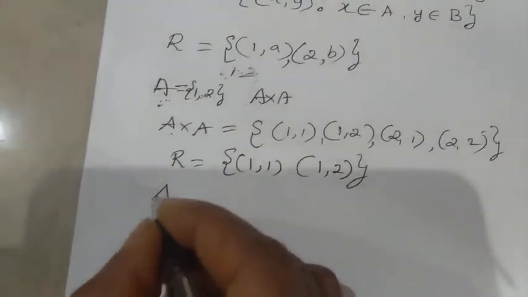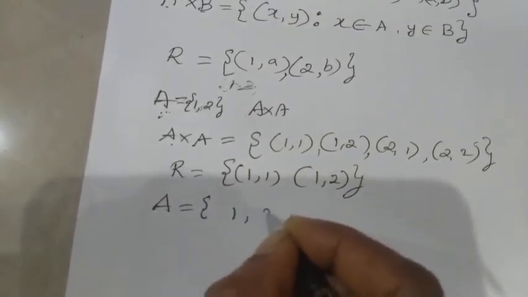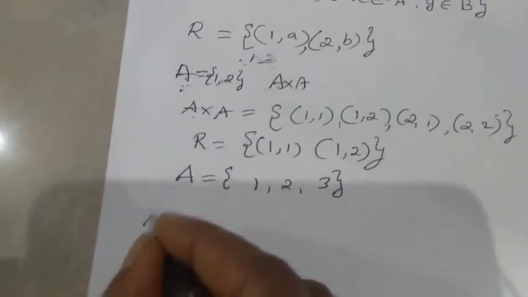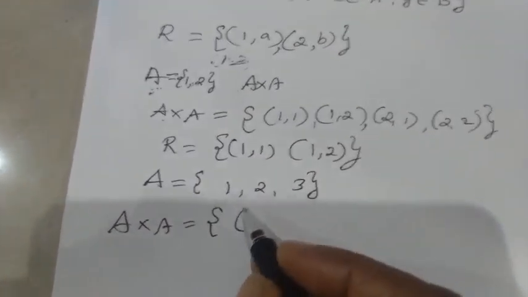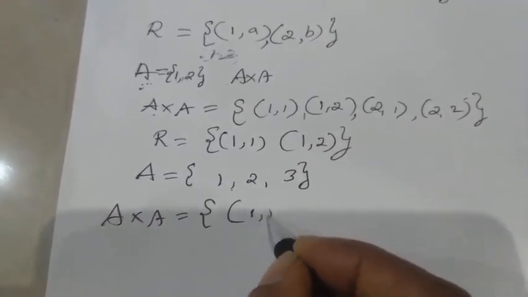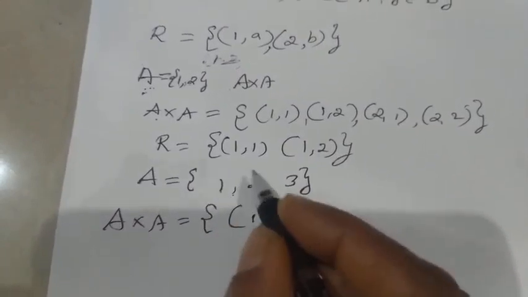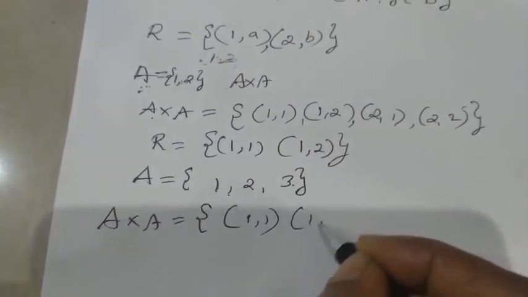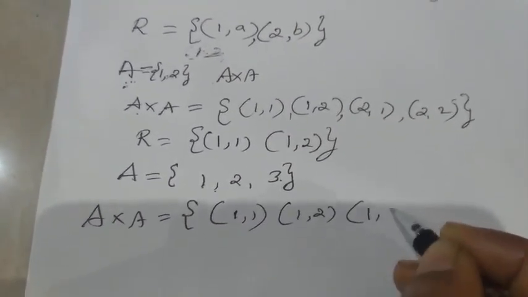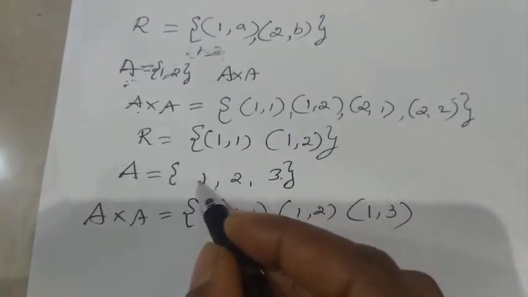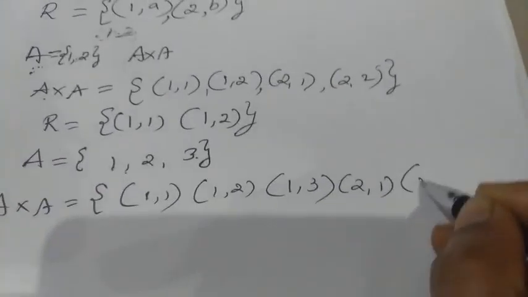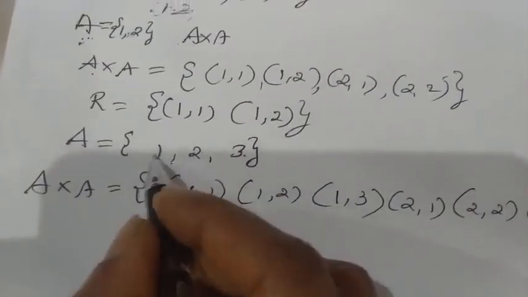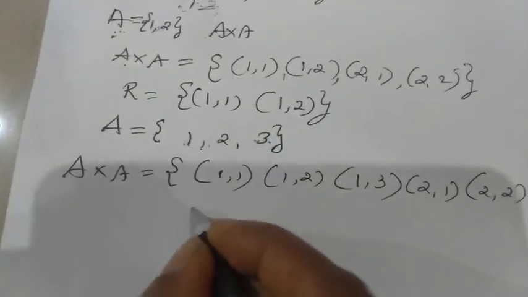Let us take one more example. A is a set like this: 1, 2, 3. Now A cross A contains all ordered pairs like this: 1, 1; 1, 2; 1, 3. You know how to write all ordered pairs: 2, 1; 2, 2; 2, 3; then 3, 1; 3, 2; 3, 3.